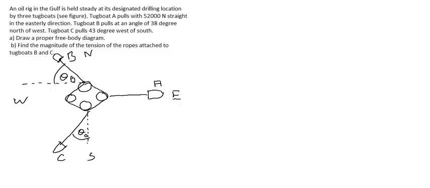Draw a proper free-body diagram, and then find the magnitude of the tension of the ropes attached to tugboats B and C. So let us call all the tensions just A, B, and C, and we can already state that we know that the tension A equals 52,000 Newton.